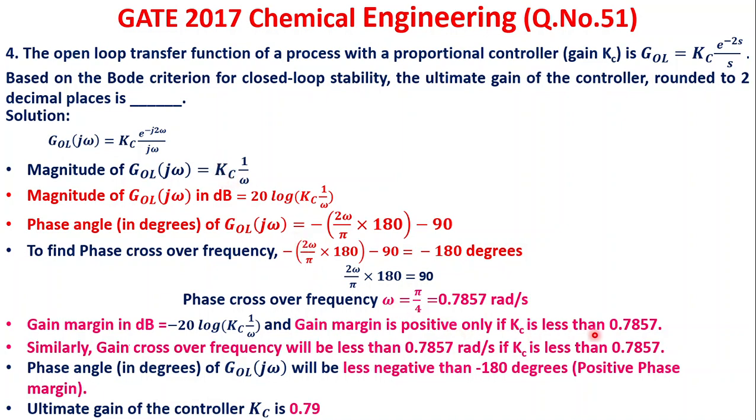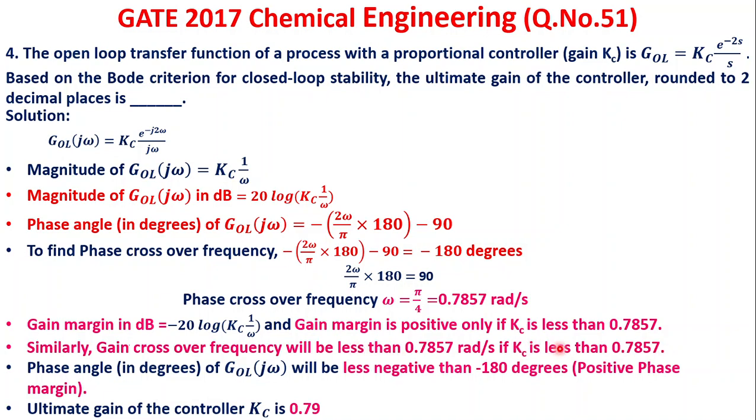We have seen that Kc should be less than 0.7857 from the gain margin consideration. Therefore, for phase margin also, we should take that case. Therefore, gain crossover frequency should be less than that only. That is possible only when Kc is less than 0.7857.